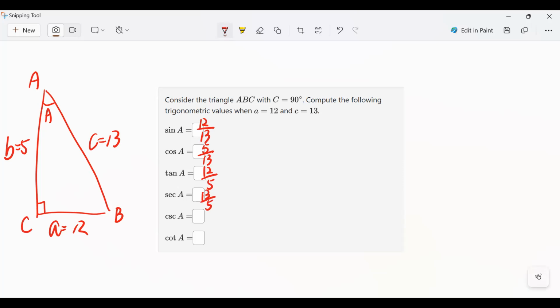Cosecant A is hypotenuse over opposite, 13 over 12. And cotangent is adjacent over opposite, 5 over 12. So that's how you get the trig values. Any questions?